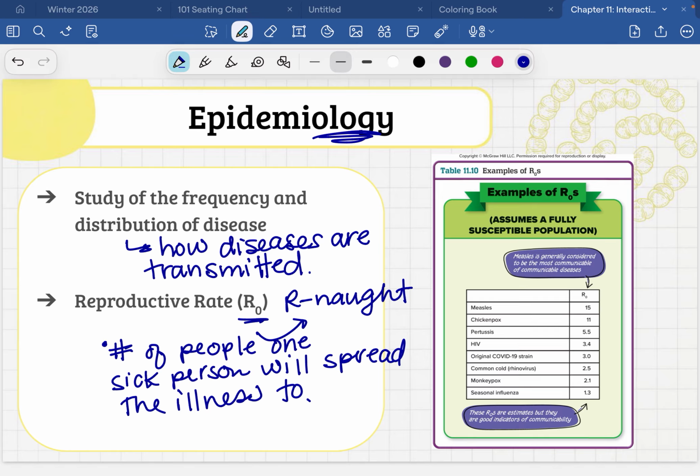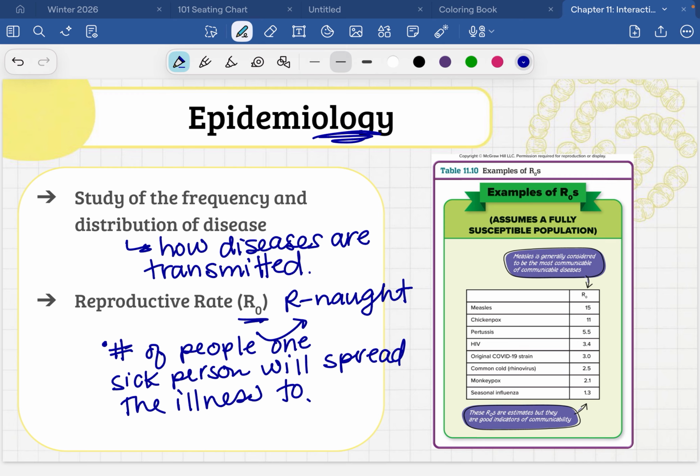Okay, so that is the reproductive rate. And again, a lot of things go into the calculation of the reproductive rate: how infective something is, how virulent something is, vaccination rates, and all of these things. We'll talk more about it in a second. But the reproductive rate is, on average, the number of people one sick person will spread the illness to.